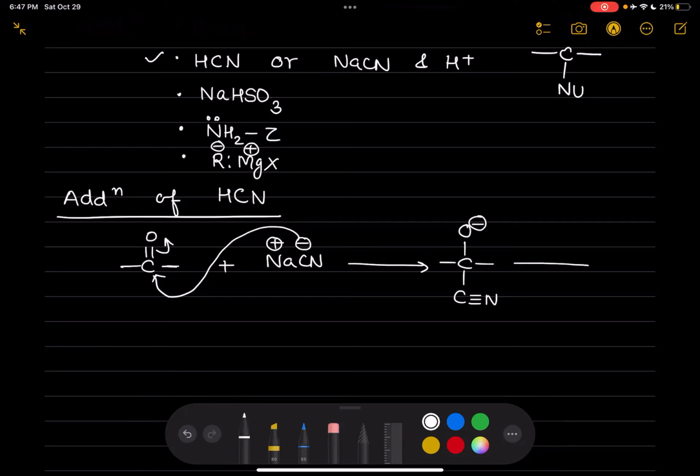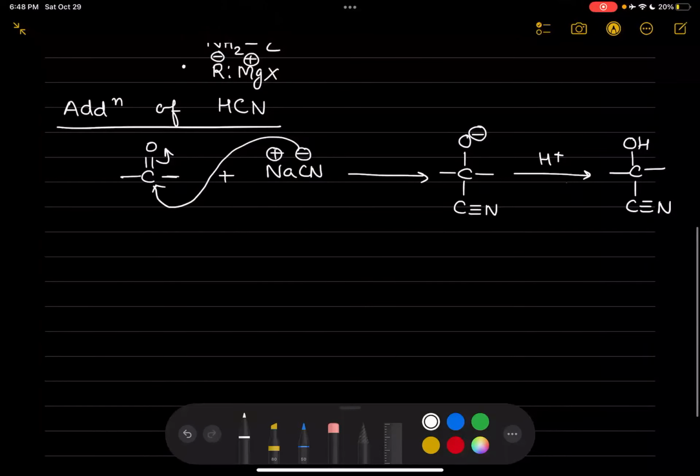And finally you will take some acidic medium, H plus H2O. So it is going to give you OH. What is this product known as? Look at the groups. There is one OH group, there is one CN group.